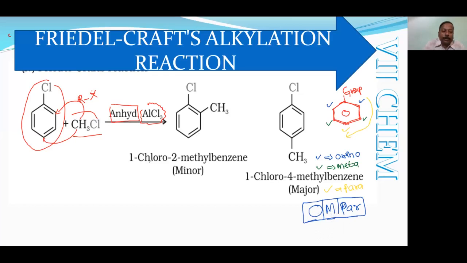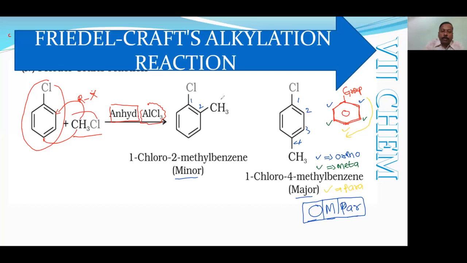Okay, so now here, this is chlorobenzene. On this, first, second: 1-chloro-2-methylbenzene, and this will be 1, 2, 3, 4: 1-chloro-4-methylbenzene. In this, you can see this will be the minor product and this will be the major product.